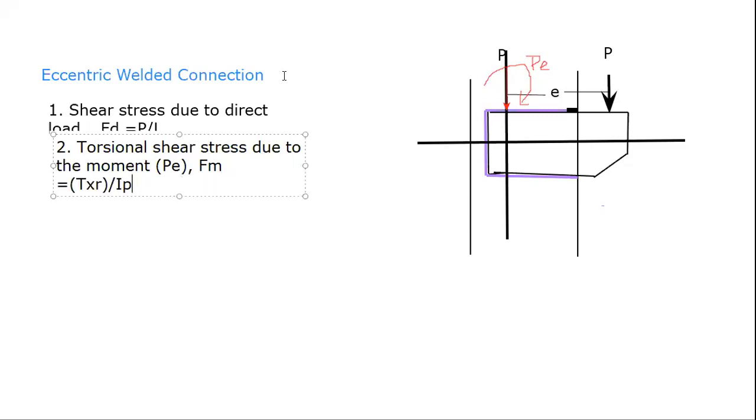Okay, so what do T, R and IP denote? T is nothing but the twisting moment. Because of this eccentric loading, the value of the twisting moment will be equal to P into E. R is nothing but the radial distance of this element with respect to the location of the CG.